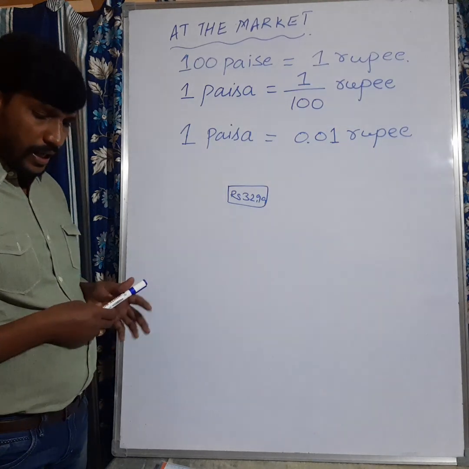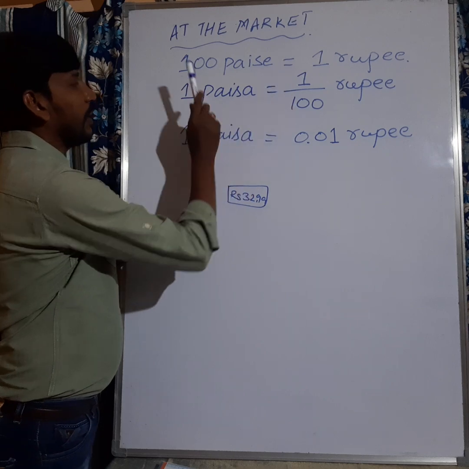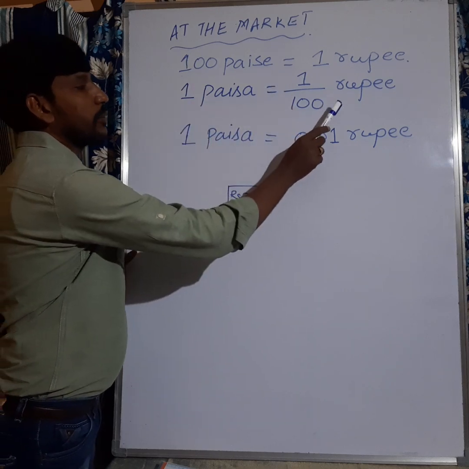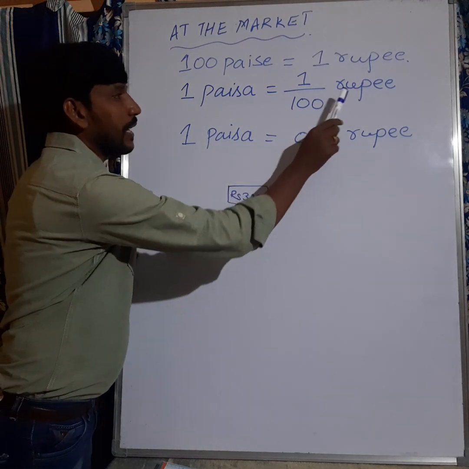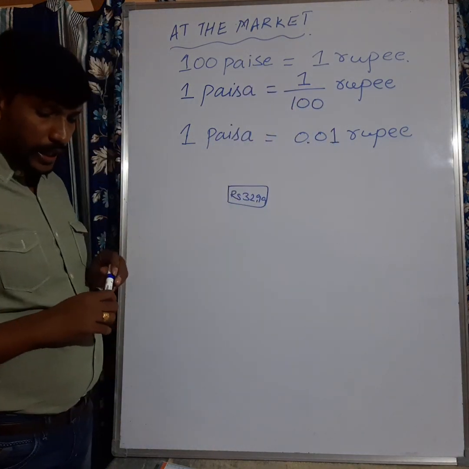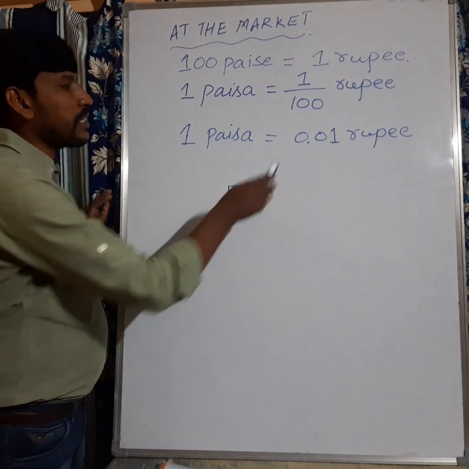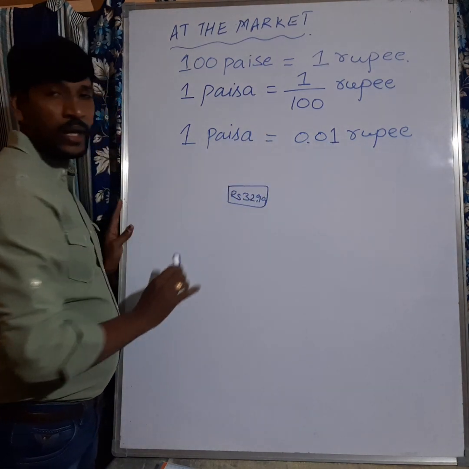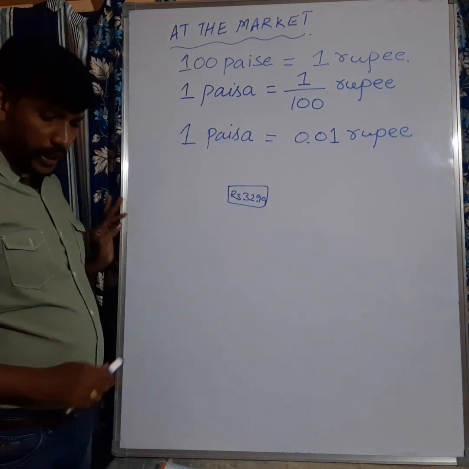That's it. Okay. Now 1 paisa is 1/100th part of a rupee. Isn't it? It is written as 0.01 rupee. 1 paisa is equal to 0.01 rupee.